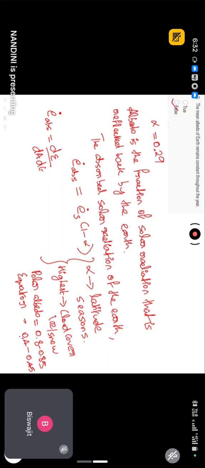And the lowest albedo generally occurs where? That is the highest albedo. Which region can you tell me, if you are looking with respect to latitude, will have the lowest?